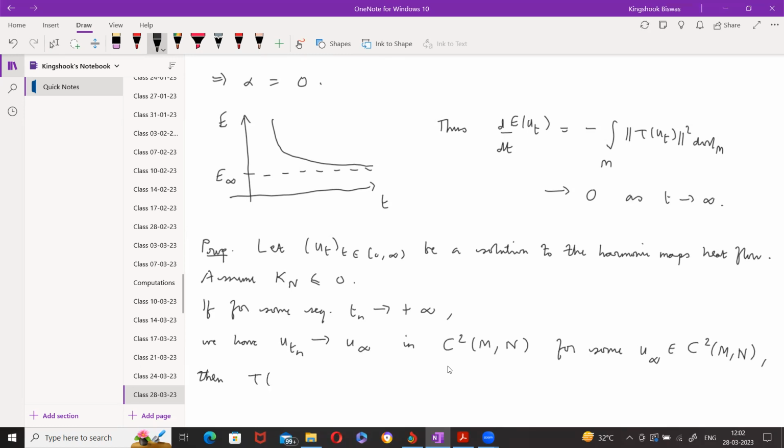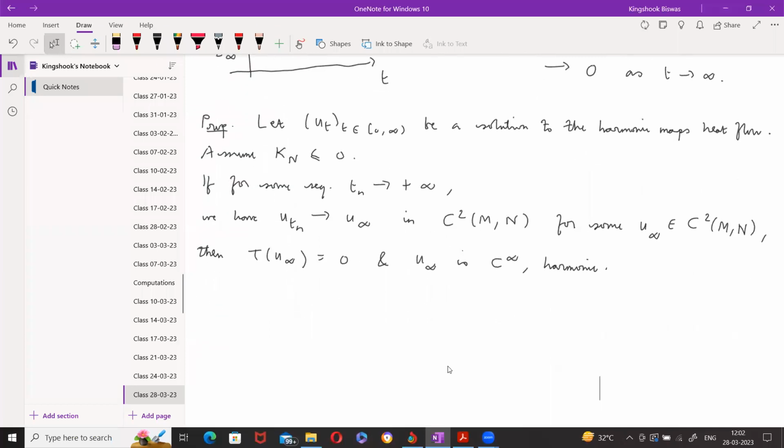Then tau of u_infinity is 0 and u_infinity is smooth, C infinity, harmonic.